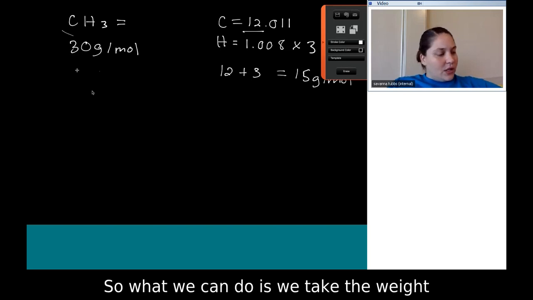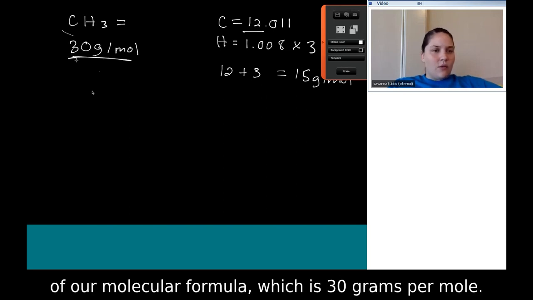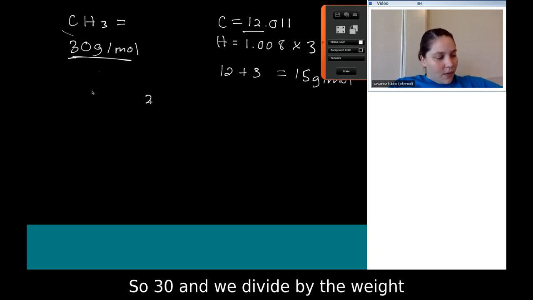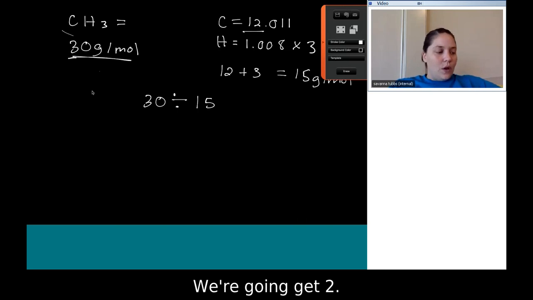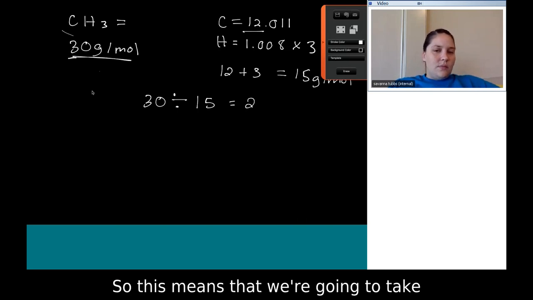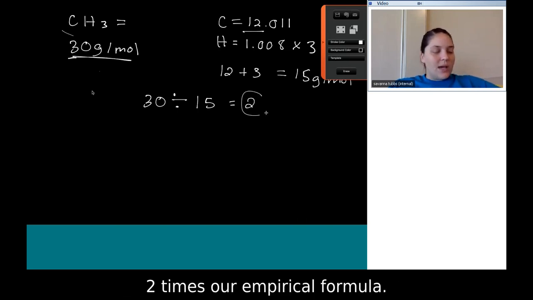So what we can do is we take the weight of our molecular formula, which is 30 grams per mole, so 30, and we divide by the weight of our empirical formula, which is 15, we're going to get 2. So this means that we're going to take 2 times our empirical formula.